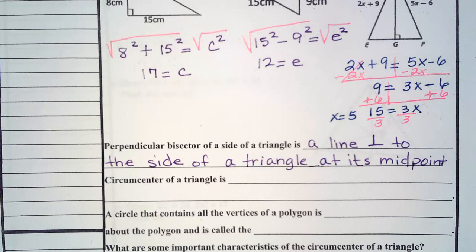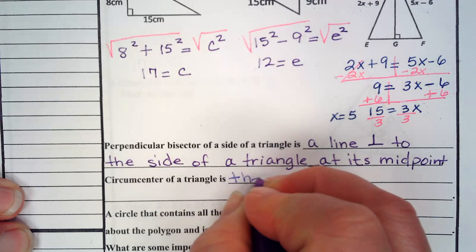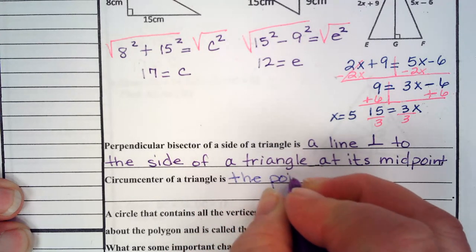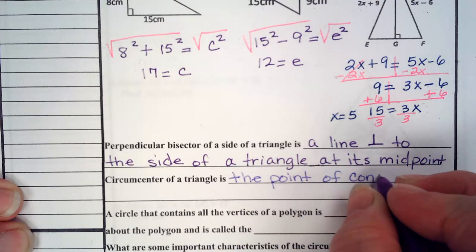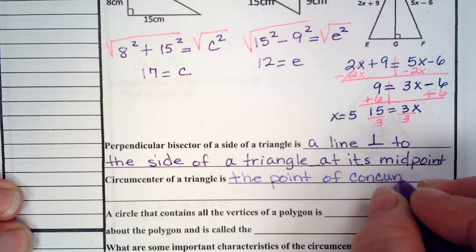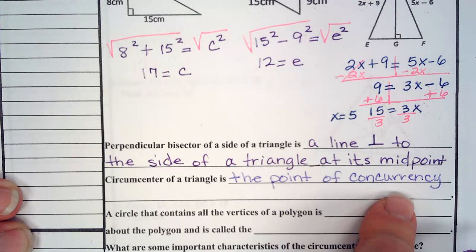So next is the circumcenter of a triangle. What is the circumcenter of a triangle? It is the point of concurrency. Okay, concurrency comes from the word concurrent, which means at the same place or at the same time.